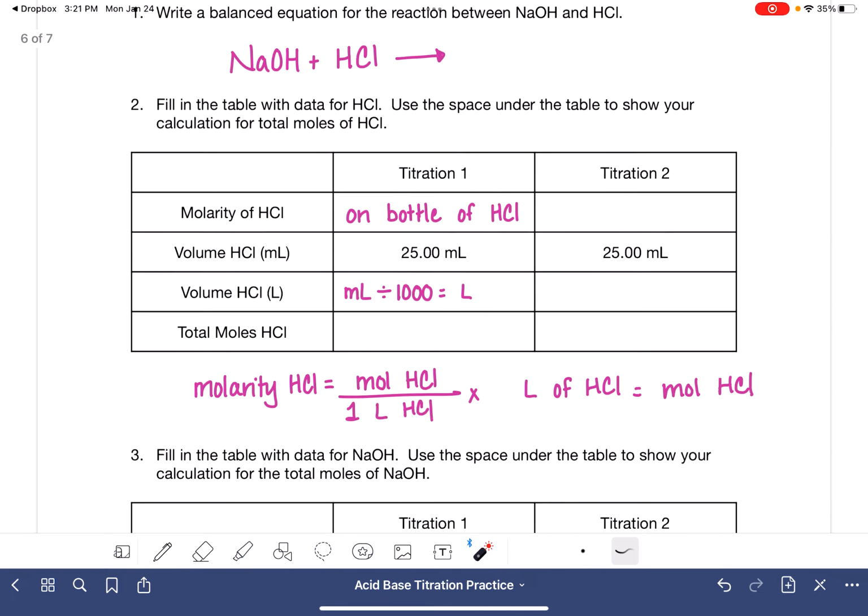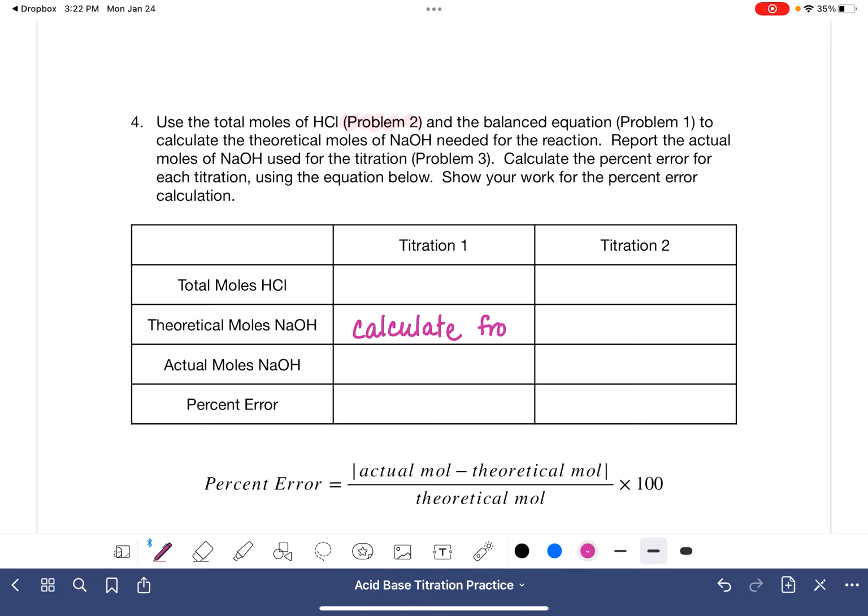Now to do this calculation, you are going to be using that balanced equation that you did in problem number 1. You will have NaOH plus HCl, and you will have predicted the products of this equation. I'm just going to write product and product. And then you are going to balance this equation, whatever these stoichiometric coefficients might be.